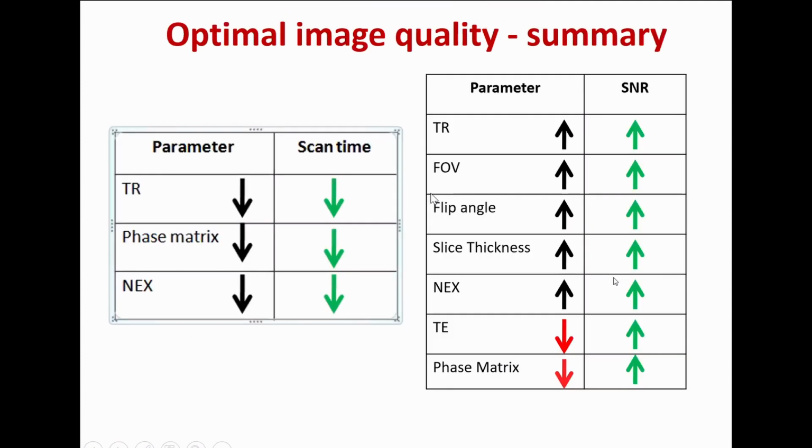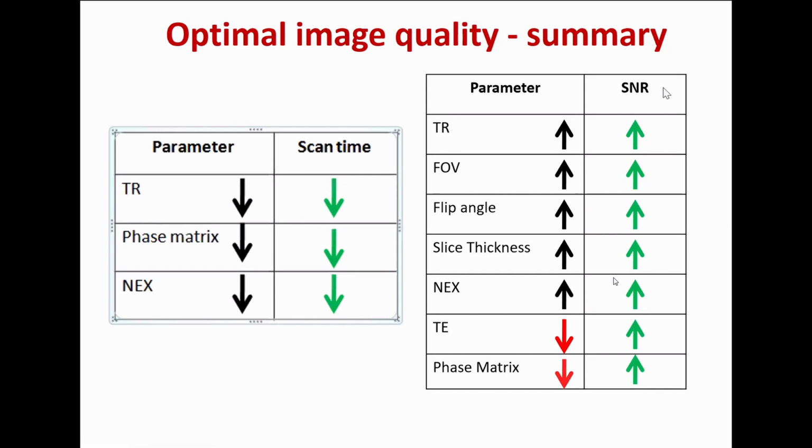So to summarize, when it comes to optimal image quality, you should have a reasonable scan time, but I also need a better SNR. So you can have a reasonable TR, reduce the phase matrix wherever possible, and choose the number of excitations appropriately, minimum should be 1.5.